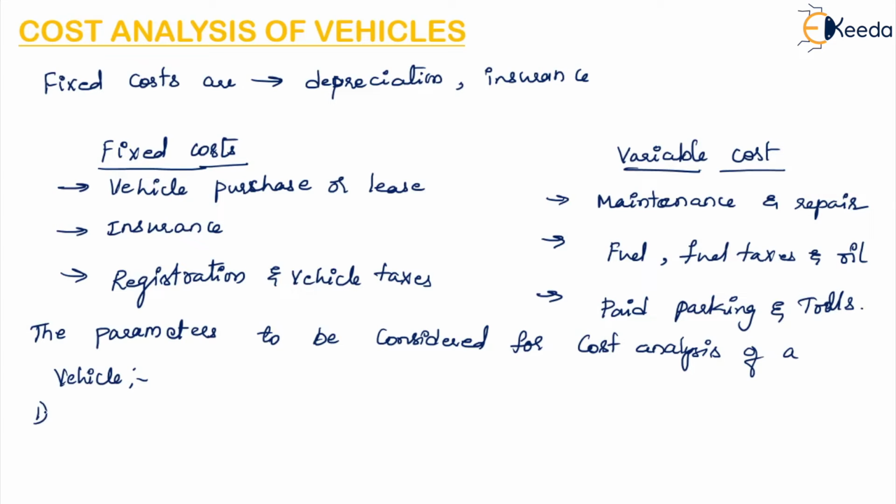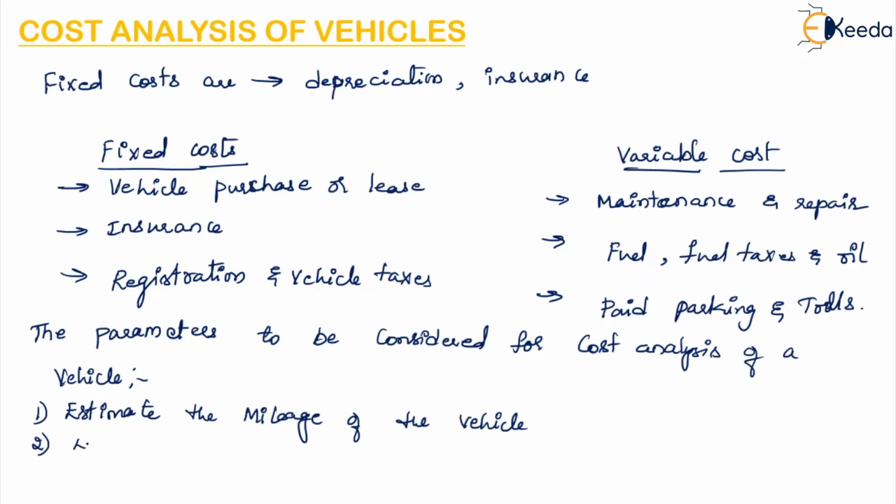So what are they? First of all, estimate changes in the total vehicle mileages traveled along a corridor. So you have to estimate the mileage of the vehicle.